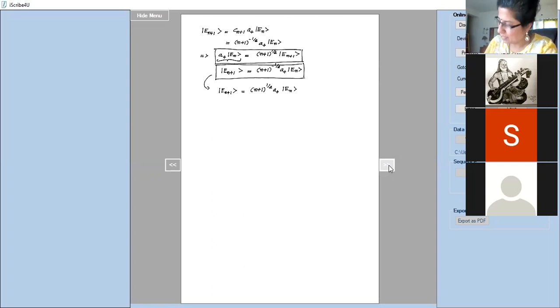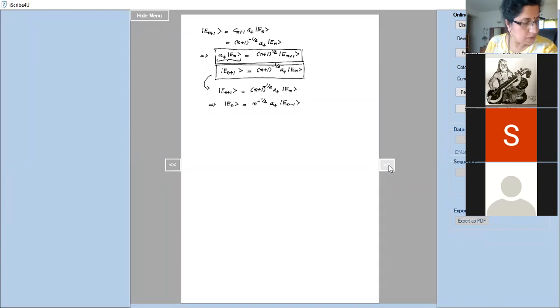So this will also imply that En is going to be n power minus half, then you'll have A plus acting on En minus 1. Correct?